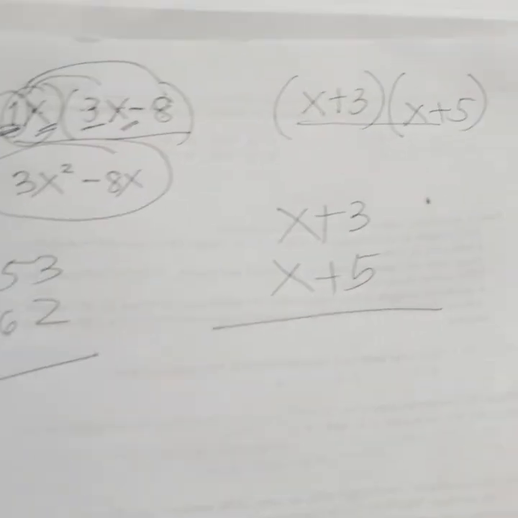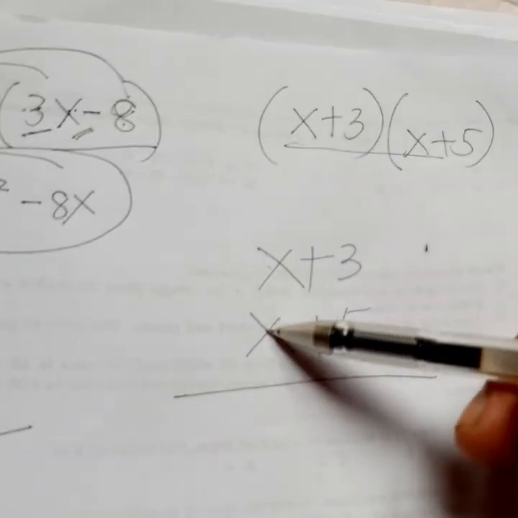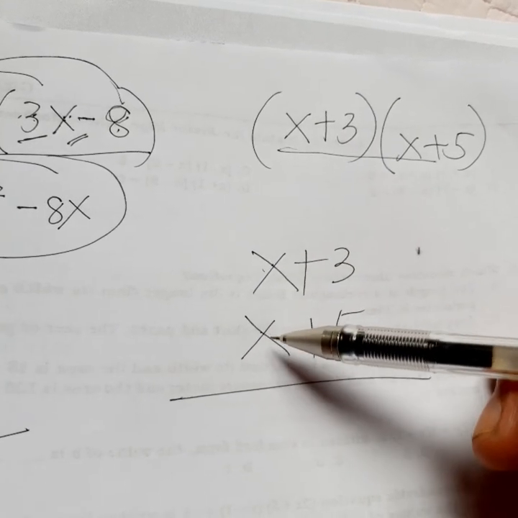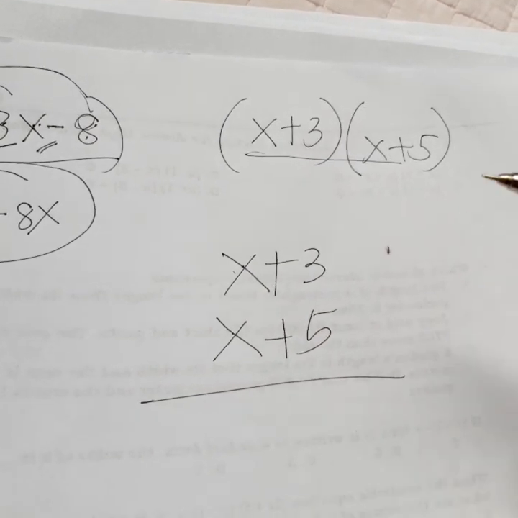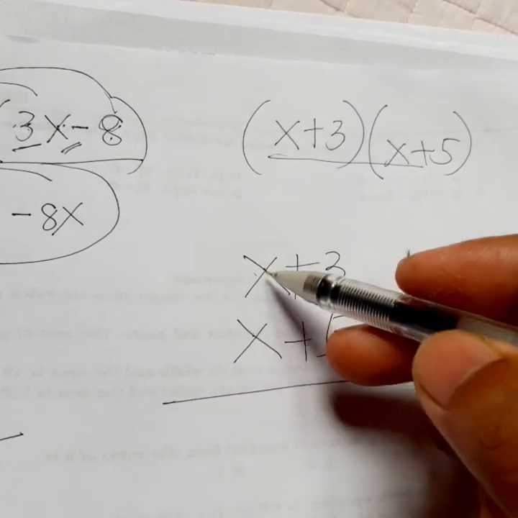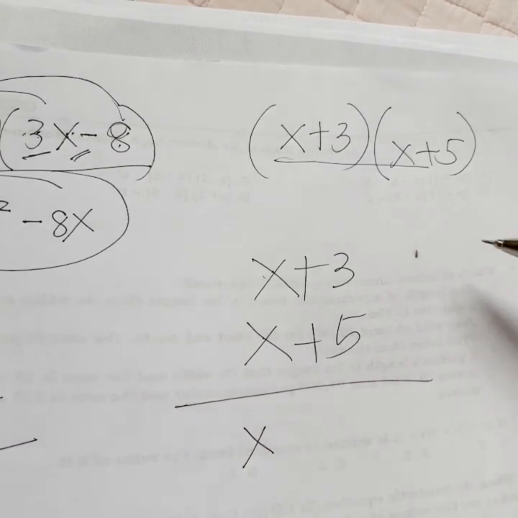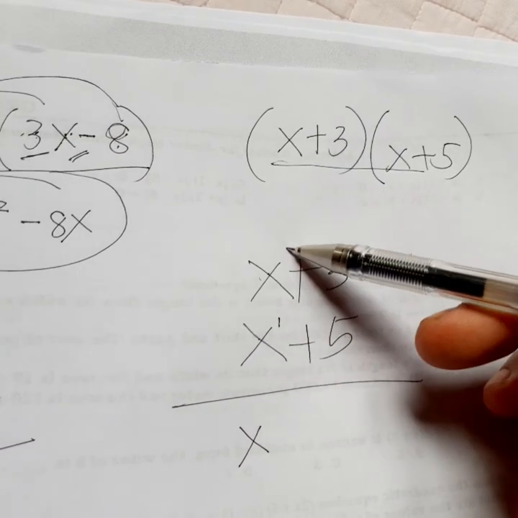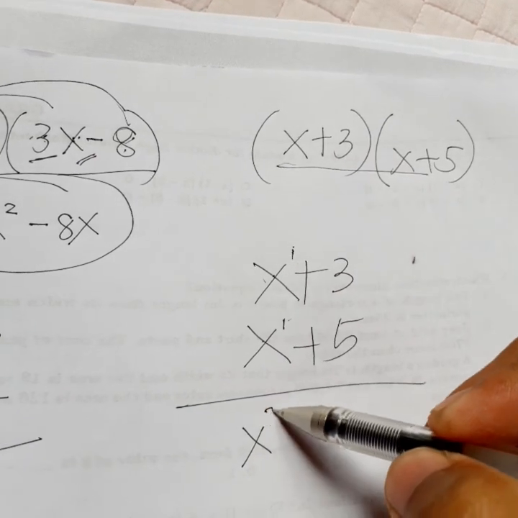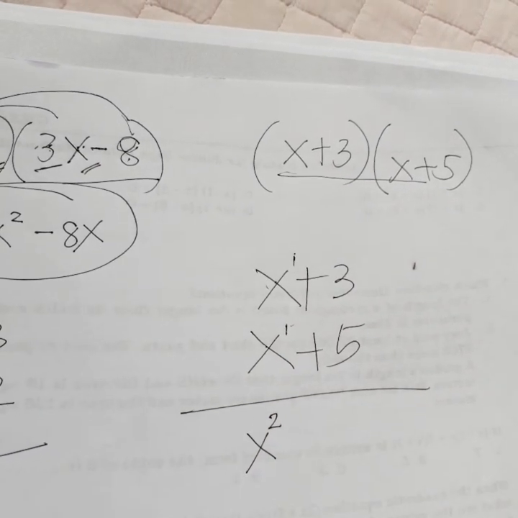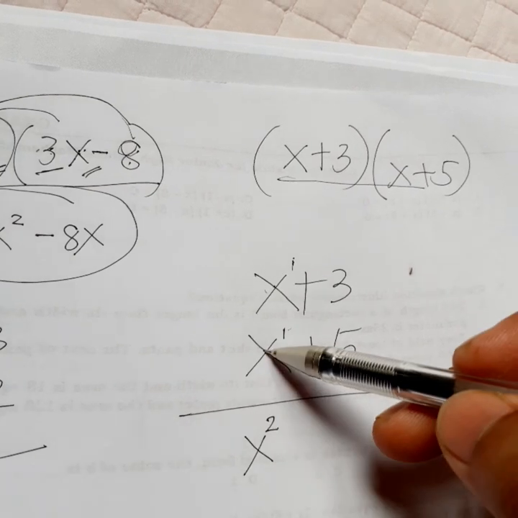Multiply. First, we have x times x. As I said, if you multiply two variables, add the exponents. So copy x, one x plus one x, 1 plus 1 equals 2. Next, x times 3.